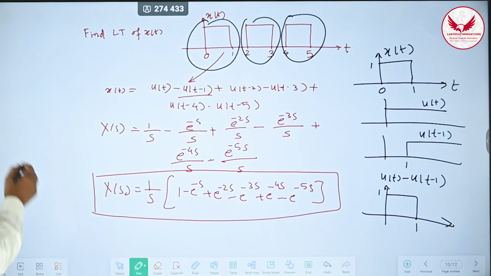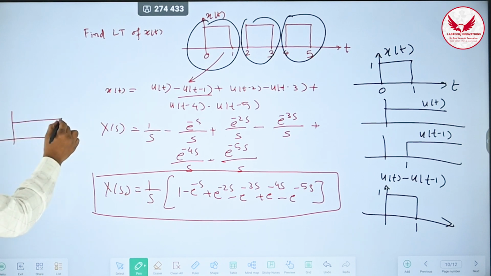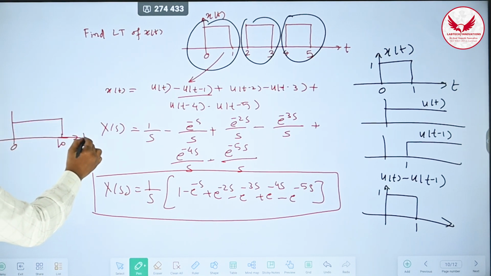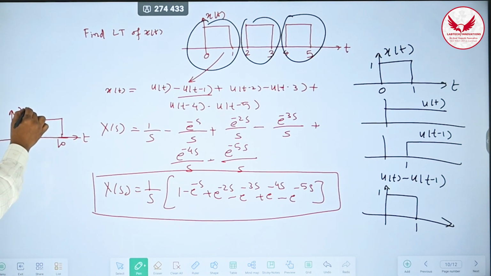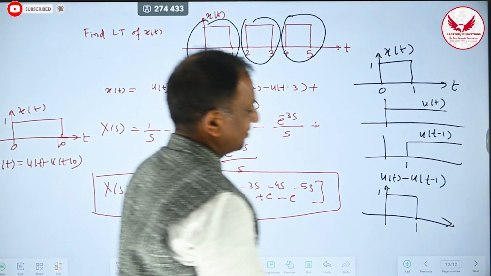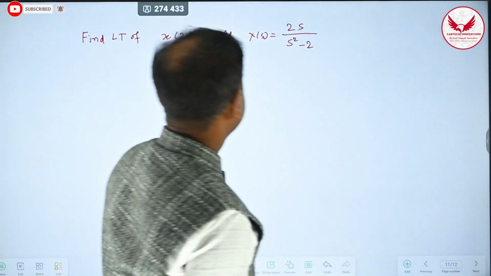Like if they ask you the Laplace transform of such a signal, if suppose it is 0 to 10, where this is t and this is x of t, then you first write the mathematical equation, u of t minus u of t minus 10, and find its Laplace transform. So accordingly you can find the Laplace transform of any signal.